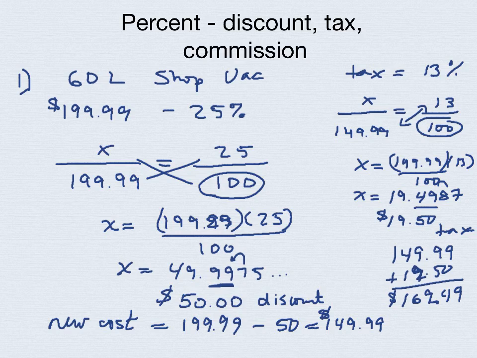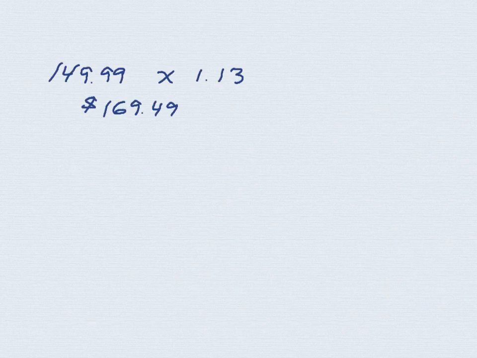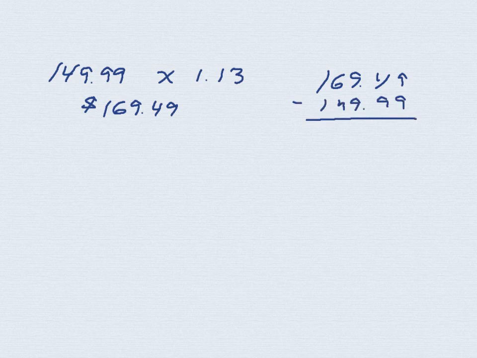If I go back over there and have a look, the only cautionary note I want you to have in your head about this is this. If in a question I asked you for the amount of tax, you would have to go back and do another step and take the new cost at the end and subtract the original cost to get the tax back.